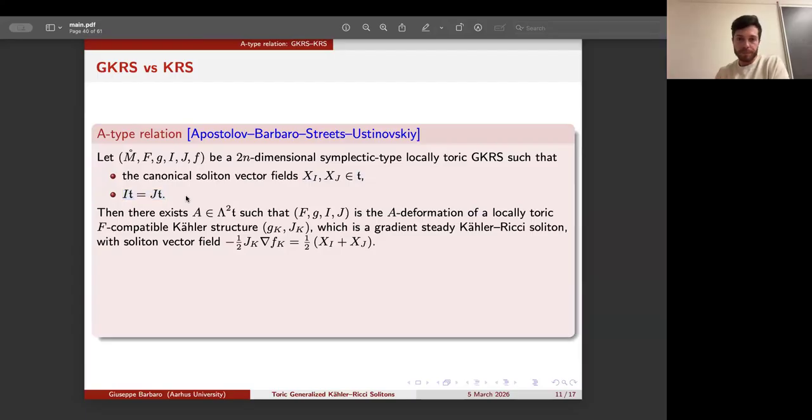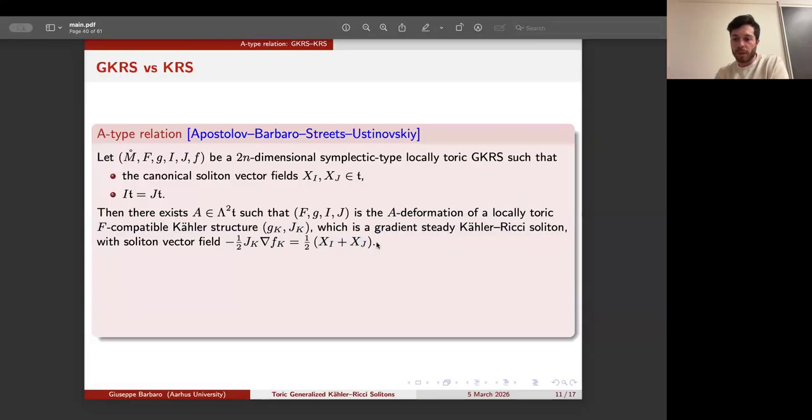Then this generalized Kähler structure will be an A-type deformation of a Kähler one. This we know already. What we're adding on top of this is that the Kähler one is itself a Ricci soliton, a gradient steady Kähler Ricci soliton, and the soliton vector field of the Kähler structure is just the sum of the soliton vector fields of the generalized Kähler structure.